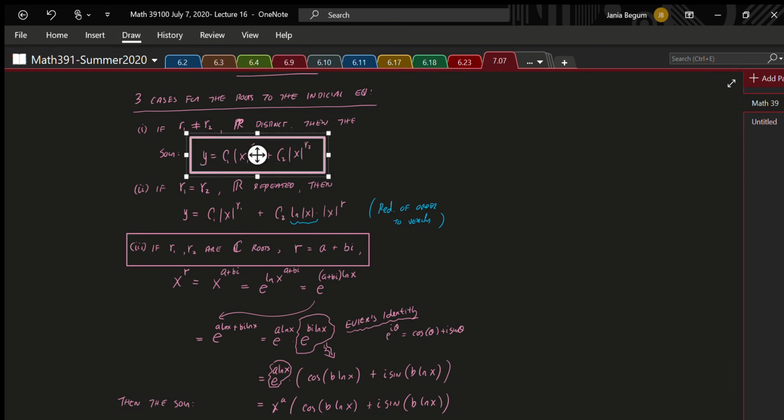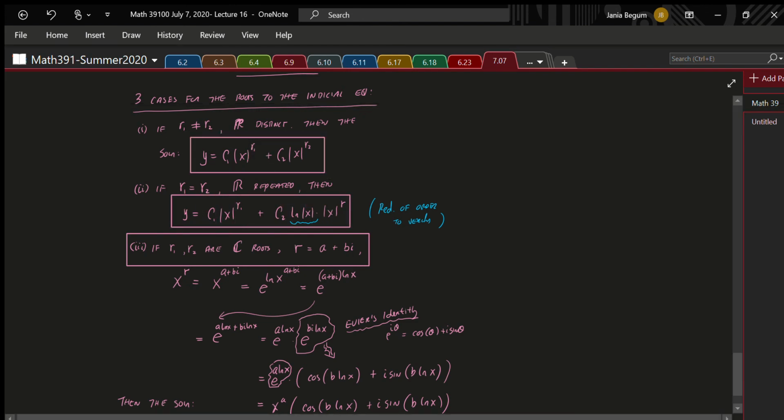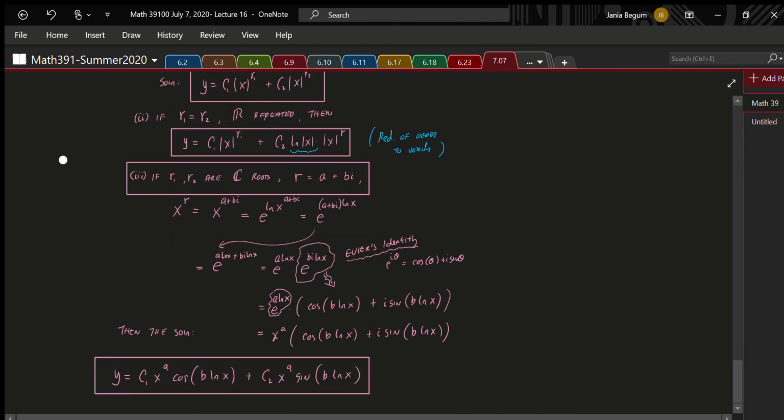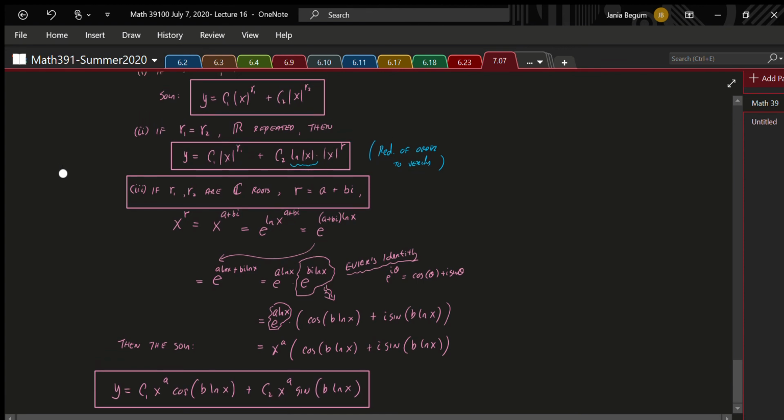If the roots are real and repeated, then that's the solution form. And the complex one we just derived. So these are the three different ways you can write down the solution to the Euler equation. Once you have the initial equation, then you know what the roots look like, and we have the three different ways of expressing the solution.